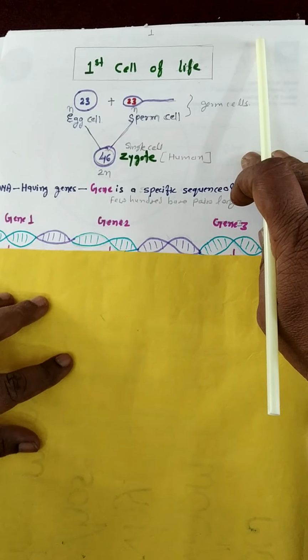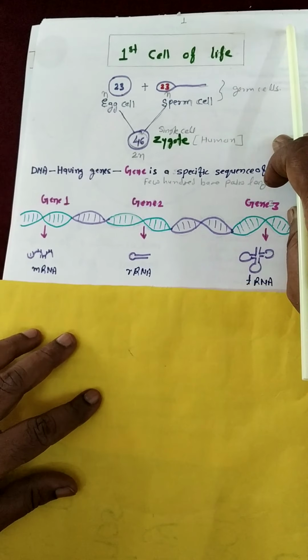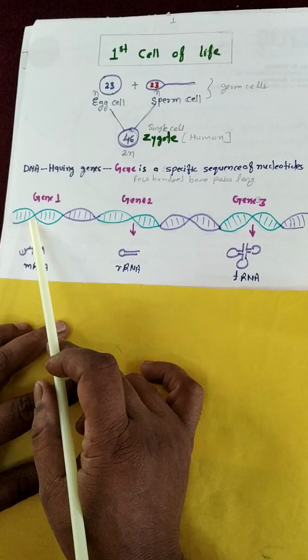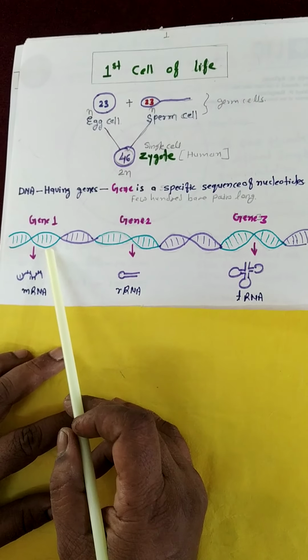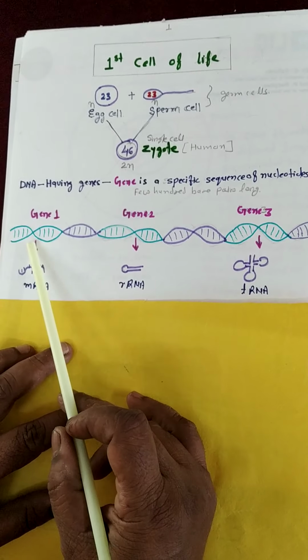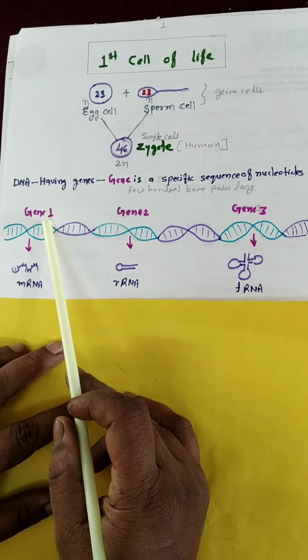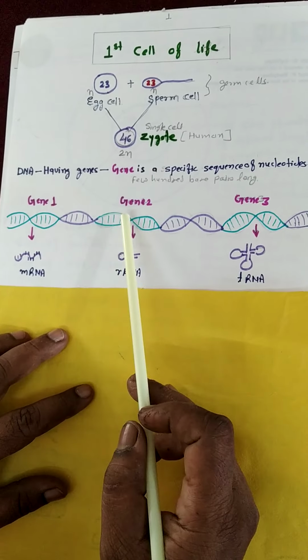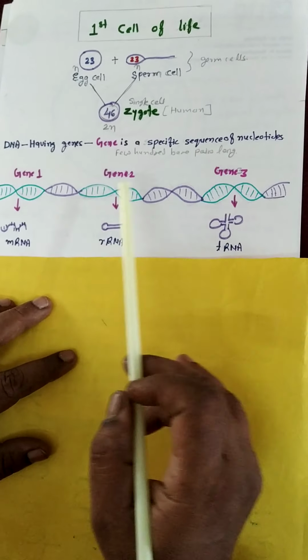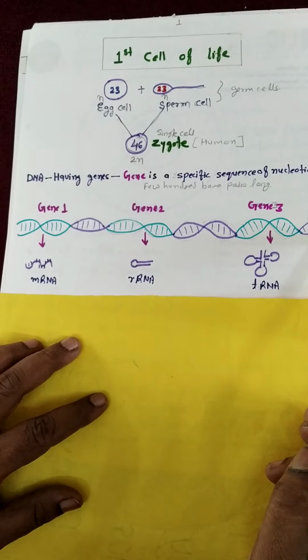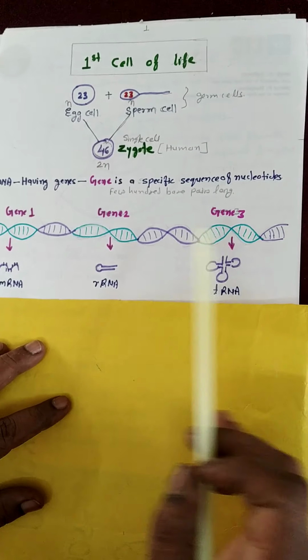See in this diagram, this is the diagram of a DNA and I take two colors to show it. One color shows genes: gene number 1, gene number 2 and gene number 3. Thousands of genes are present on the DNA molecule.